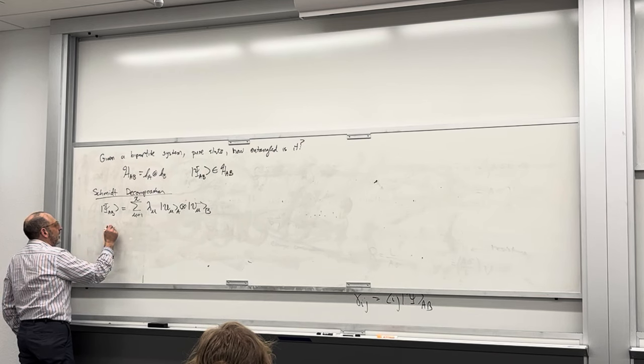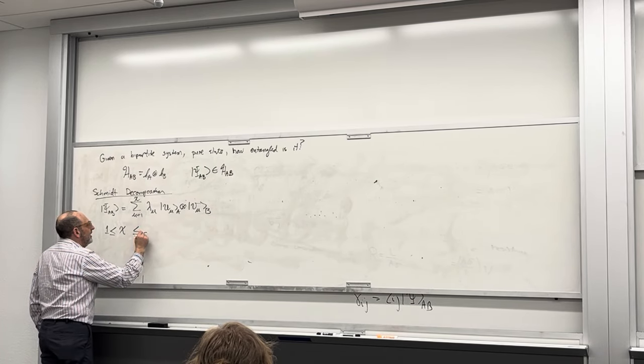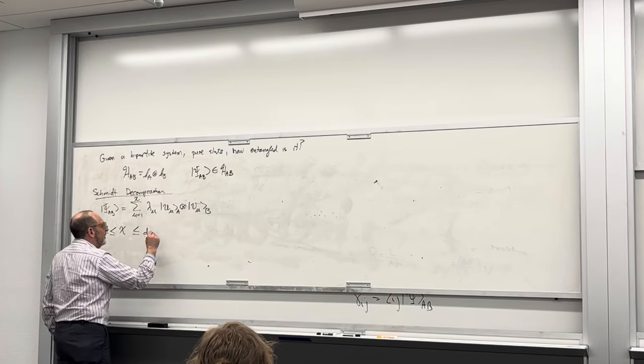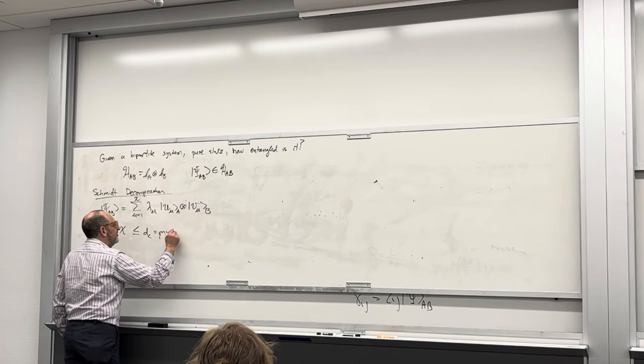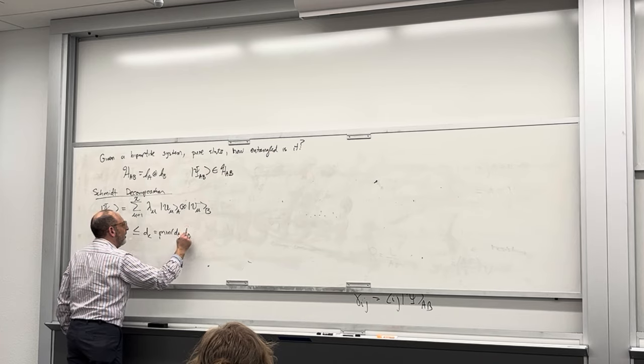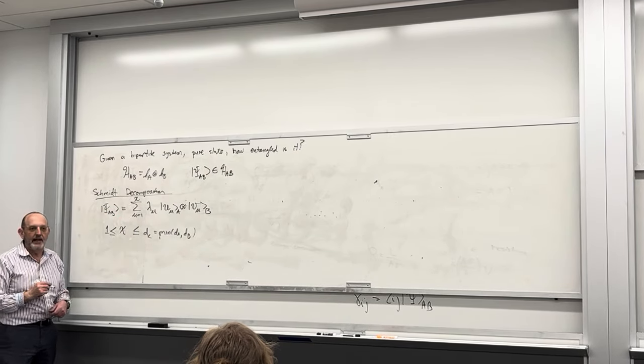Mu is somewhere between 1 and d, where d is equal to the minimum of dA and dB, whichever is smaller. That's the maximum possible value that chi can take.